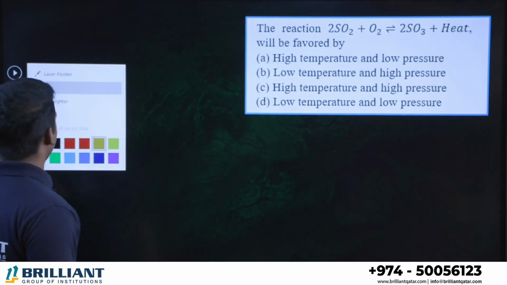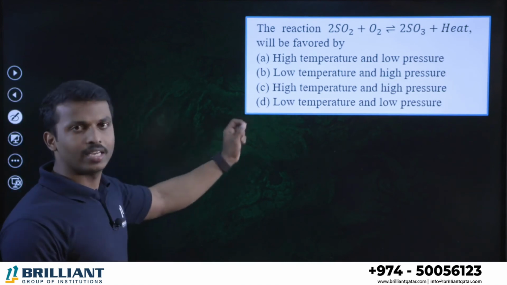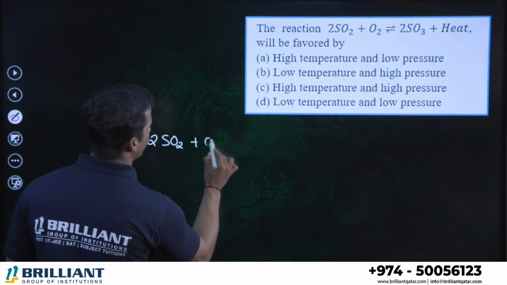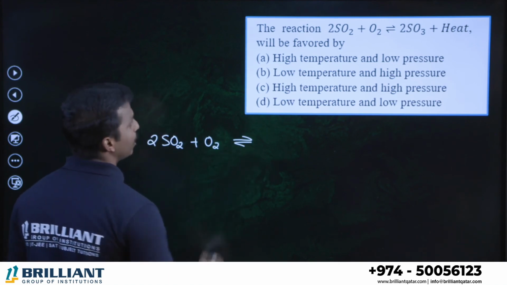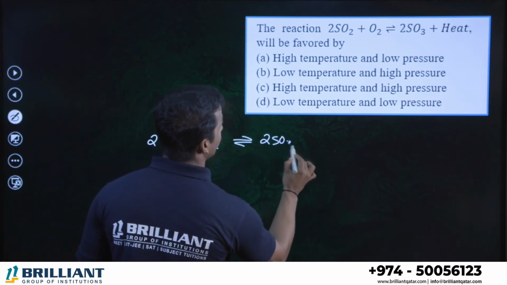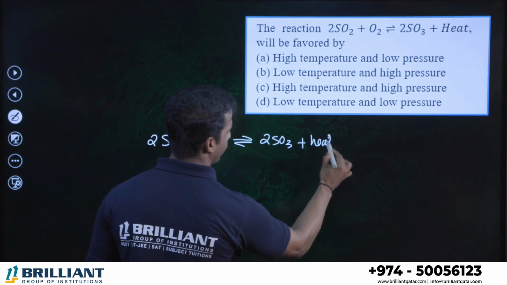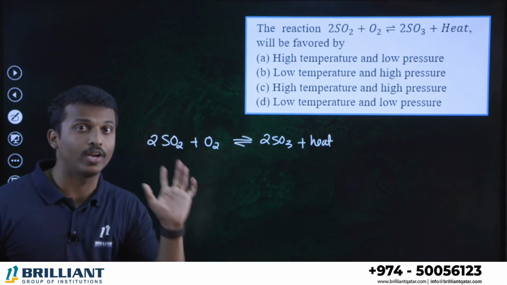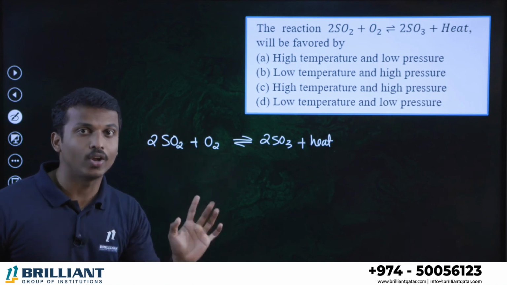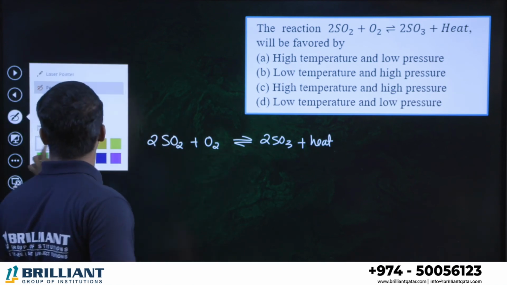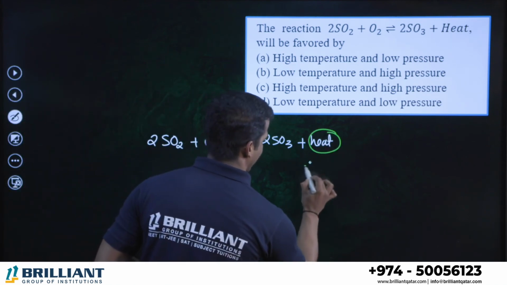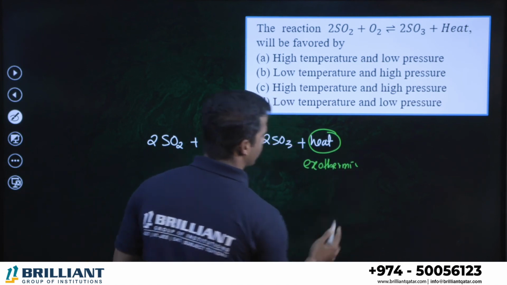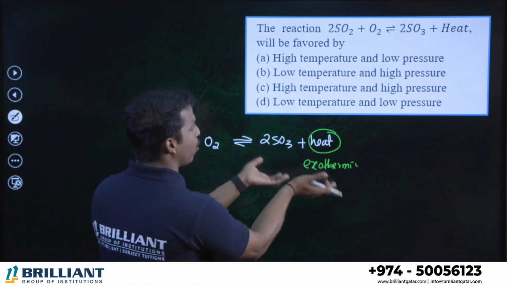One last question for all of you. The reaction is given: 2 SO2 plus O2 in equilibrium with 2 SO3 plus heat. They have given heat on the right side, which means it is exothermic or endothermic? Exothermic. Yes, very good. In an exothermic reaction, heat is already greater on the product side.